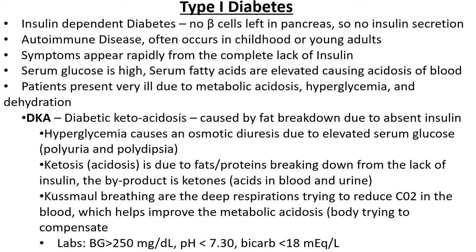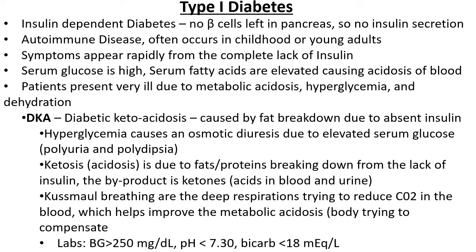Okay. Now, the lack of insulin is going to cause a couple of things. The body is going to sense the fact that cells are unable to get glucose into the cells. So the fat cells are going to try and help by breaking down fatty acids. Okay?